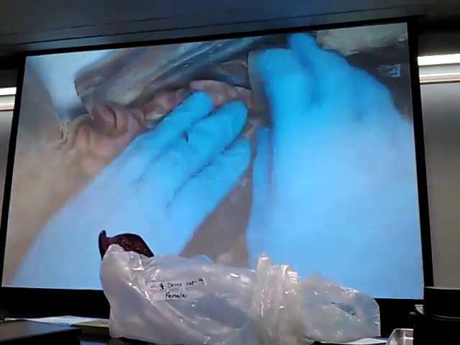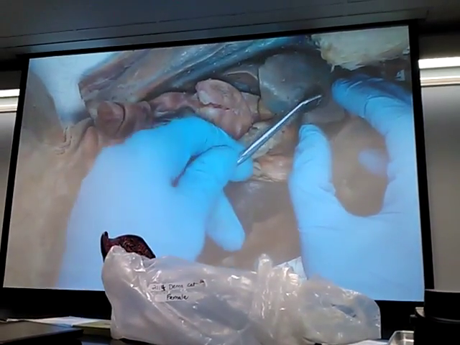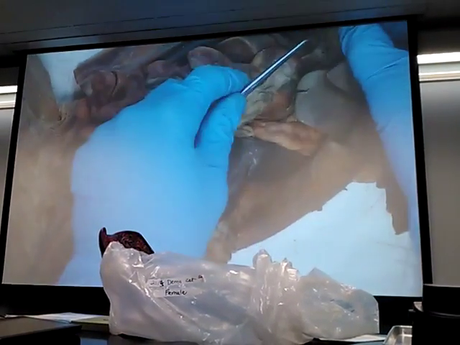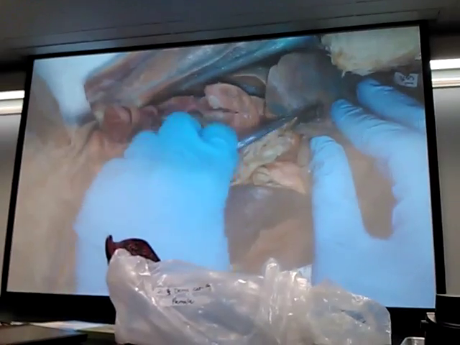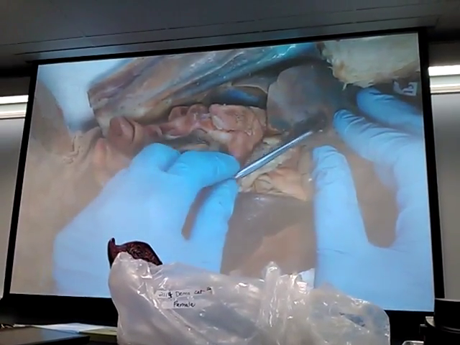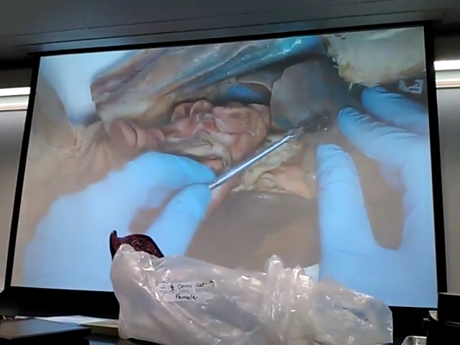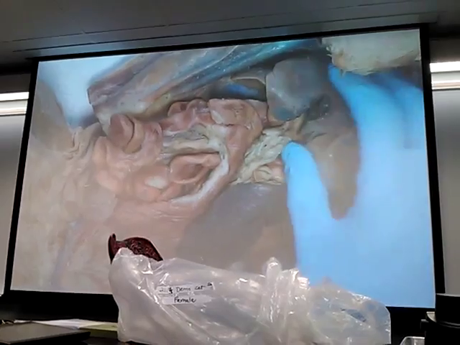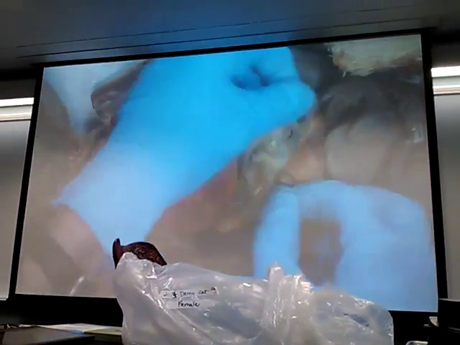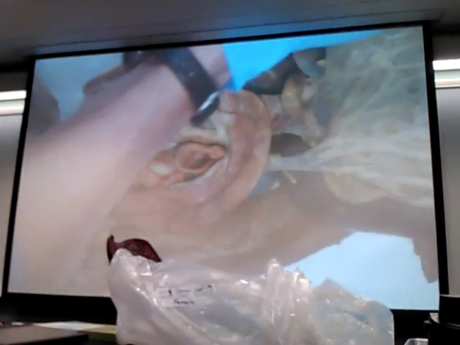Gallbladder. If you look at this particular cat, the gallbladder is right in here. Sometimes I lift it up to look at the bottom, but in this one the gallbladder is kind of collapsed in here. But that's the gallbladder right there. Pancreas. To find the pancreas, what I usually do is I get that greater omentum and I lift it up.